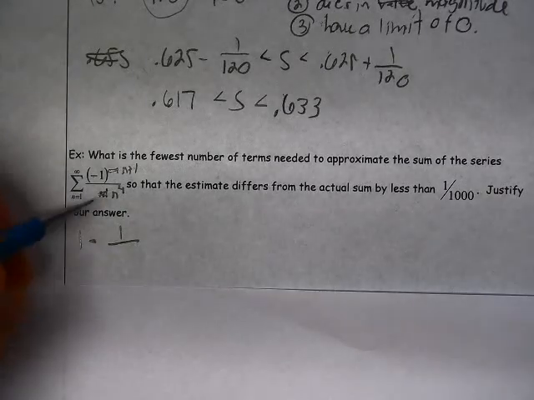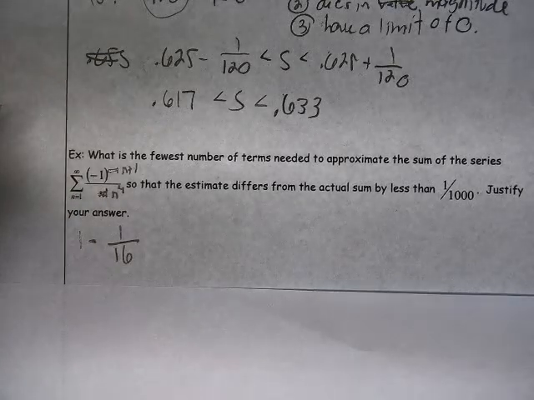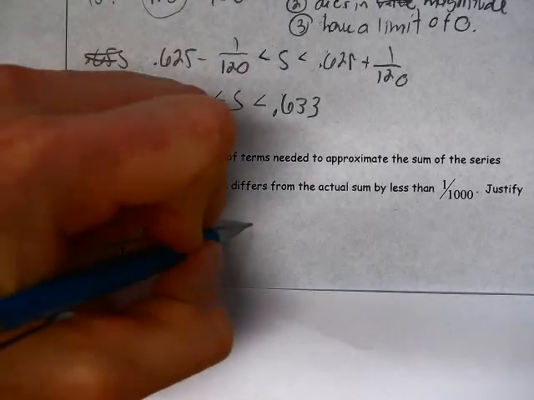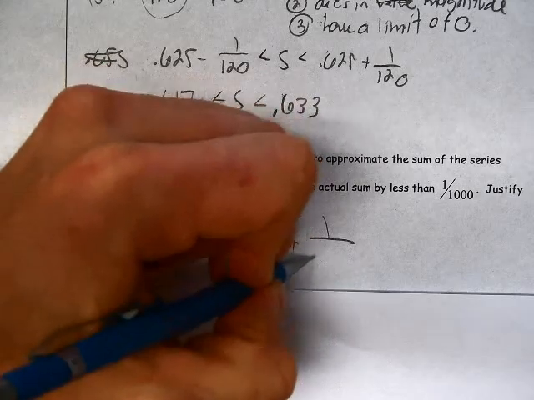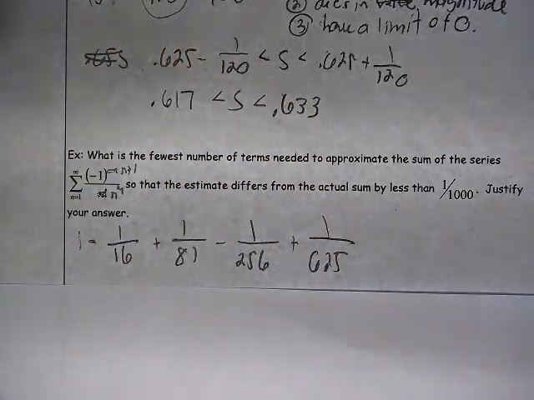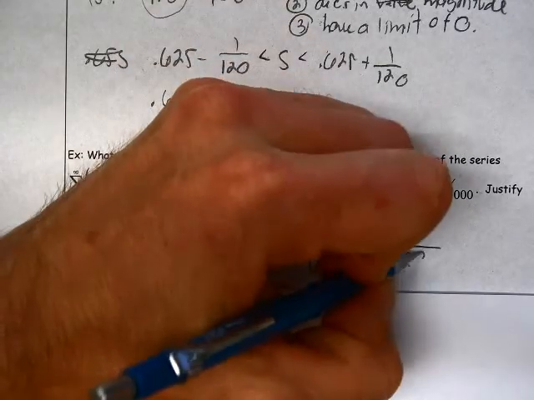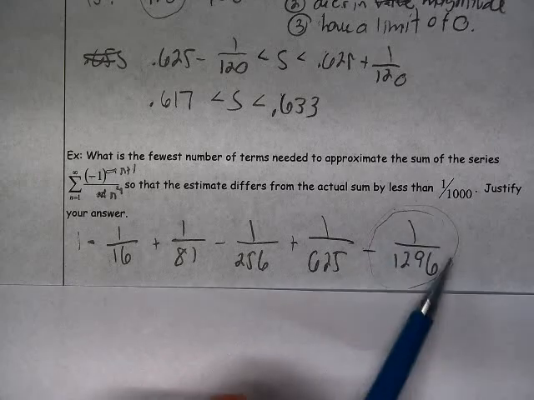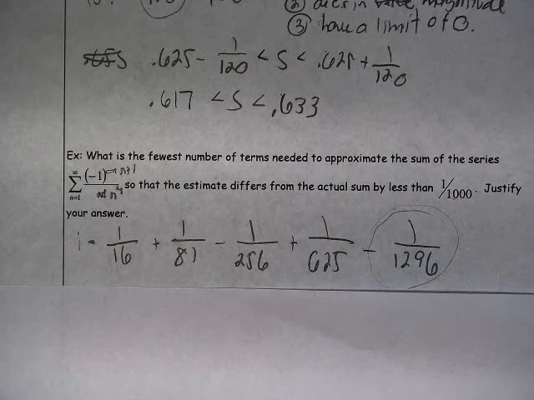So the first few terms, I have when n equals 2, I'm going to have 16 here. When n equals 3, I'm going to have 81. And then my last one is going to be 1 over 1,296. So you can see that this is the first term whose magnitude is less than the error requirement that I've been given, right?